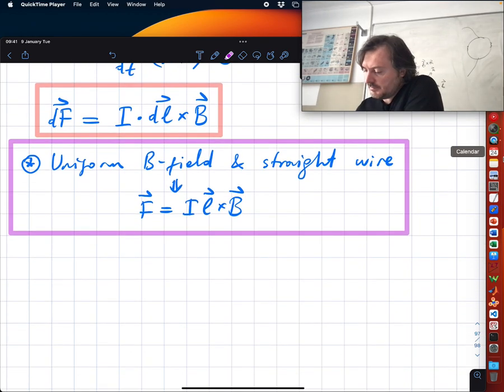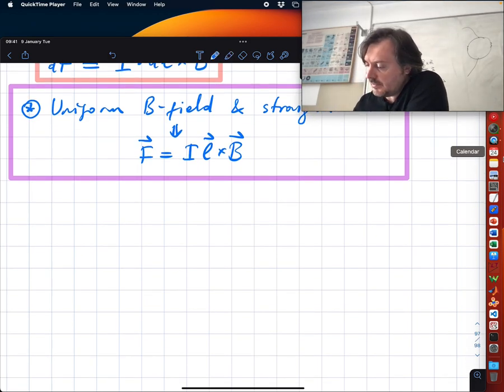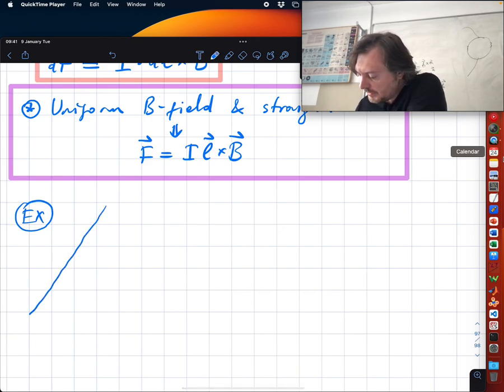So let's look at an example. I have an inclined plane.